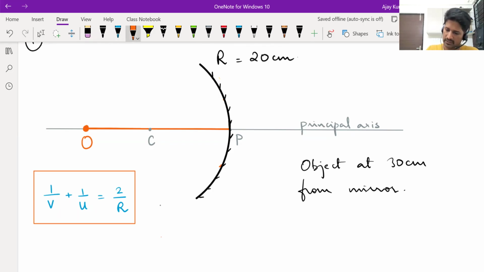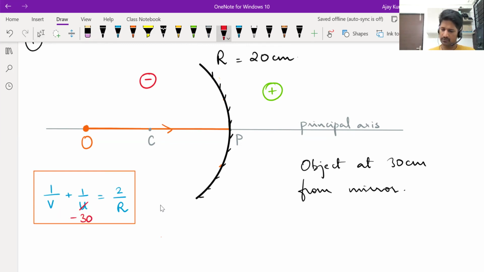Correct. So incident rays are traveling to the right. So anything to the right of the mirror will be considered positive. Anything to the left will be taken negative. And all distances are to be measured from the pole. I'm telling this to all of you. So object distance will be from pole to the object. Okay, you can call it OP, whatever it is, but it's better to call it PO, pole to the object, negative side. So object distance will be minus 30.